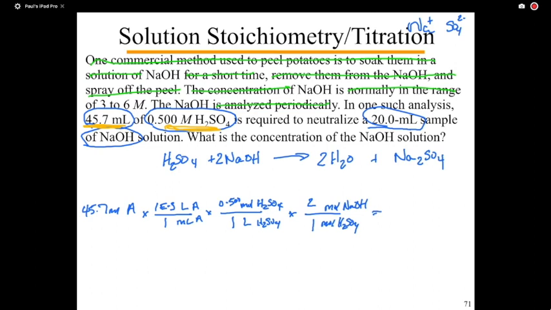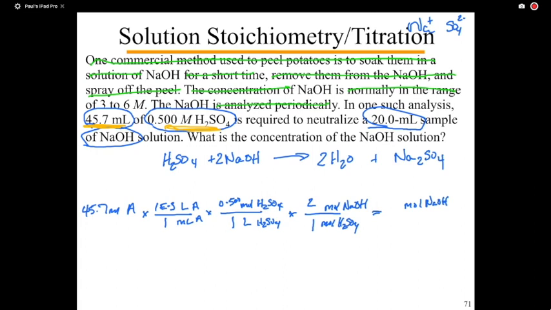All right, at this point in time, what am I going to end up with? What is my unit at the end of this whole deal? Moles of sodium hydroxide. Did I want to know moles of sodium hydroxide? What did I really want to know?